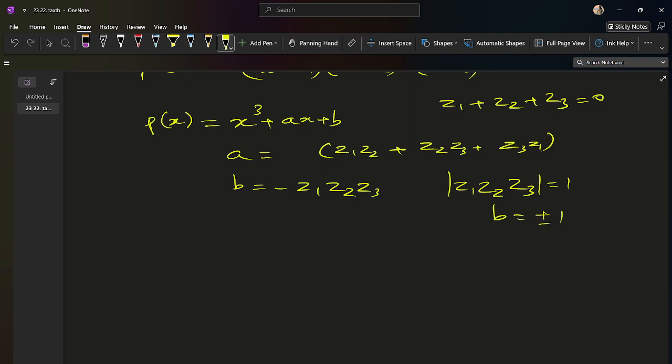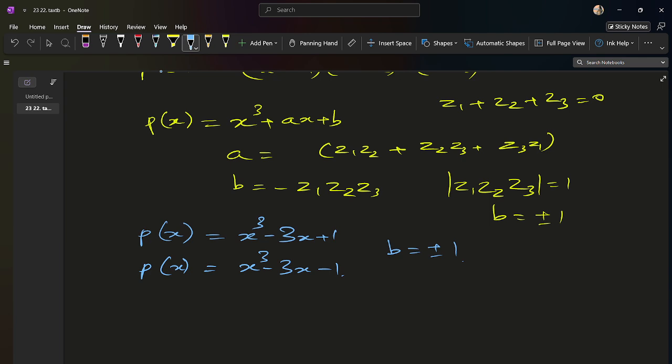So now we are going to enumerate the possibilities. These are the two possible polynomials that satisfy the conditions: p of x equals x cube minus 3x plus 1, and p of x equals x cube minus 3x minus 1. These correspond to the distinct ways to assign b equal to plus or minus 1 while maintaining the symmetry, that is, z1 plus z2 plus z3 equals 0 and mod of zi equals 1.